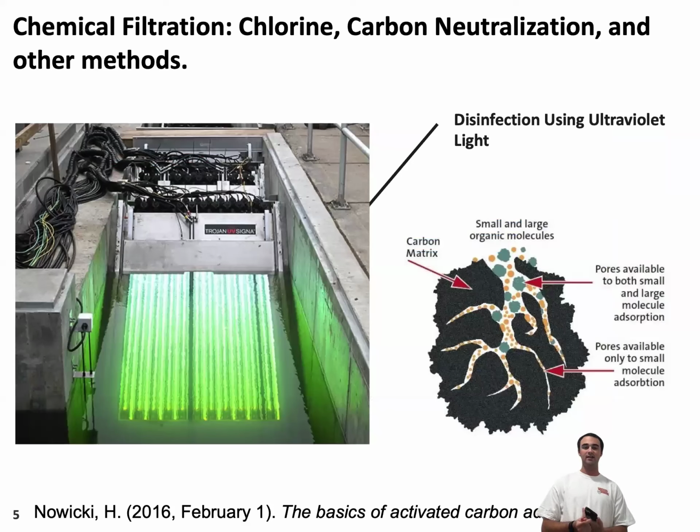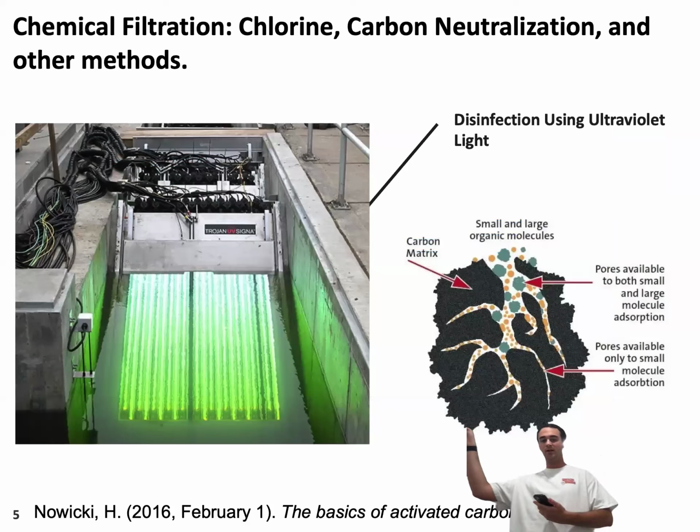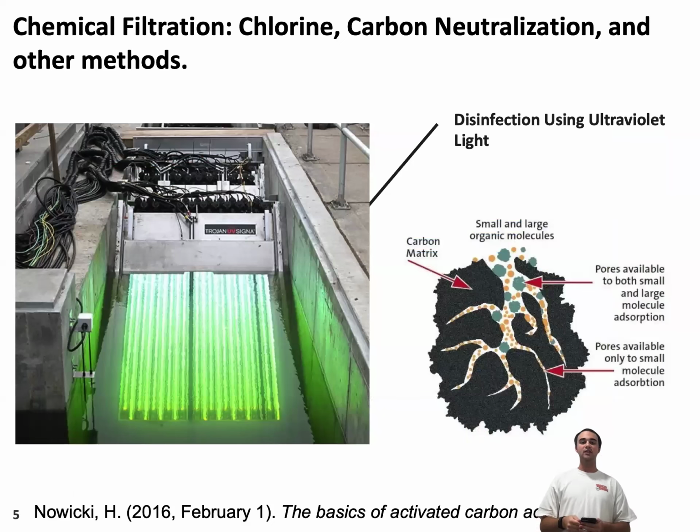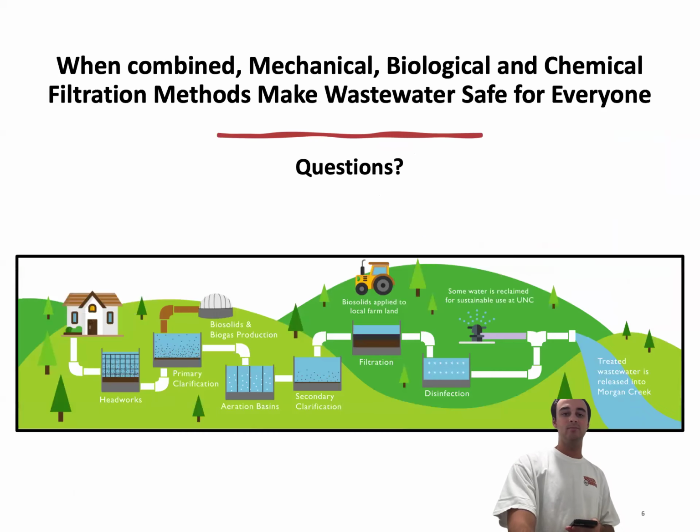You'll also see, as you can see in this picture here, UV filtration, where the UV light will destroy any harmful bacteria. And then there's also a thing called carbon neutralization, which is carbon structured in a way molecularly that it'll take the bad molecules out of the water for you. And so you'll see these types of filtration methods at the end.